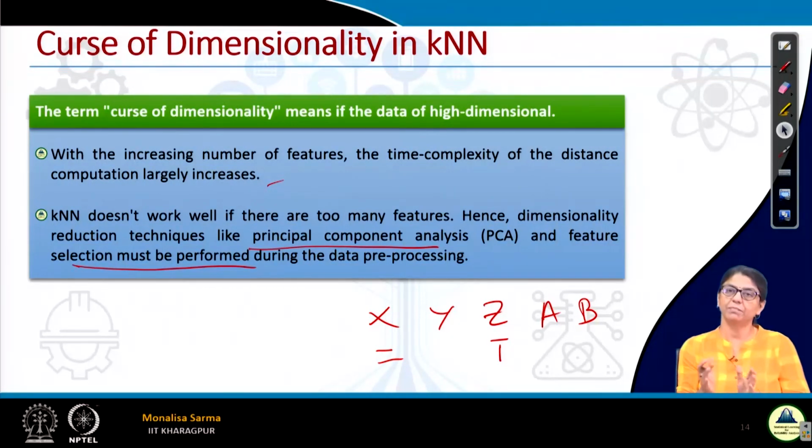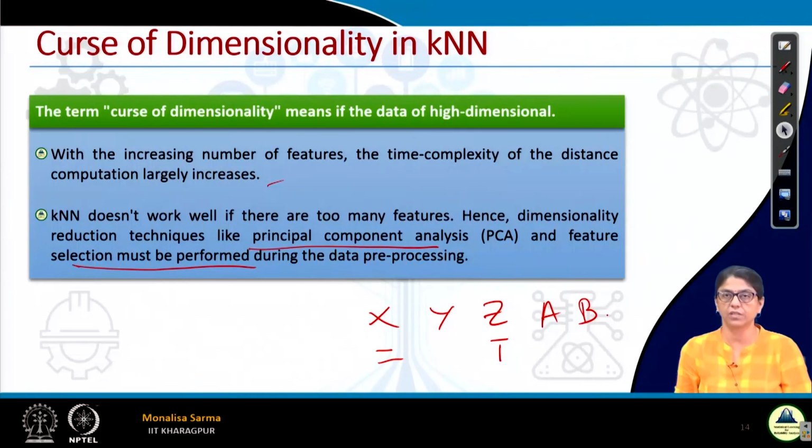When there is a dependency, why should we consider both features? We understood that this feature has an effect on the class, and to find out which class an observation belongs to, we need to consider these attributes.